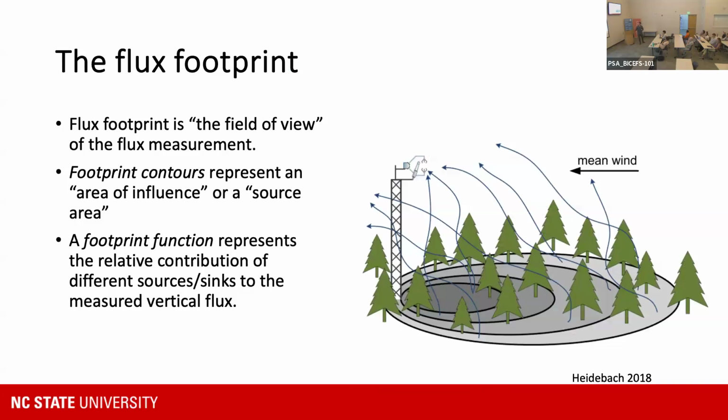And we know that what we measure at the tower, we can represent the source of this measurement by a statistical model that allows us to create this area where the measurements most likely came from. That's what we call the footprint. So we like footprints a lot, and we're developing a lot of our research on footprints.